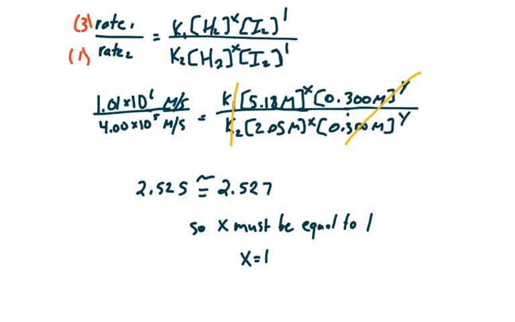So I place the information in, and cross out my constant. k is constant, this remains constant, so it cancels out. That leaves me with this. We're going to solve for x. When I divide this by this, I get 2.525. It's approximately equal to 2.527. Very, very close. So x must also be equal to 1.